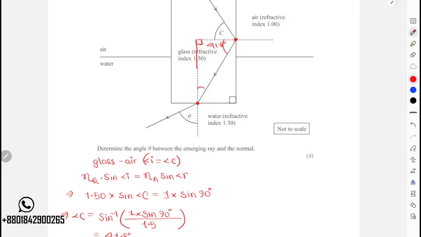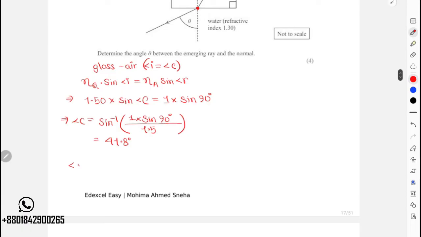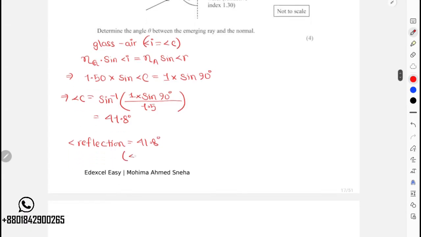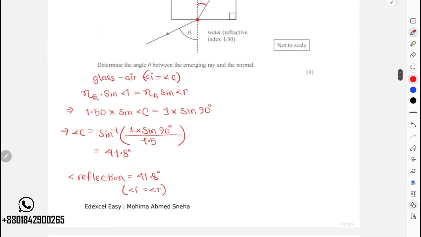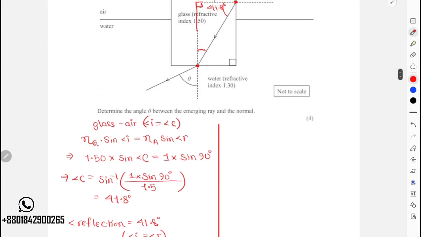I can calculate the angle of incidence for the glass-water boundary. Let's first write that the angle of reflection is also going to be 41.8 degrees, that angle I equals angle R. After that, we're going to do our calculation for the angle of incidence for the glass-water boundary.